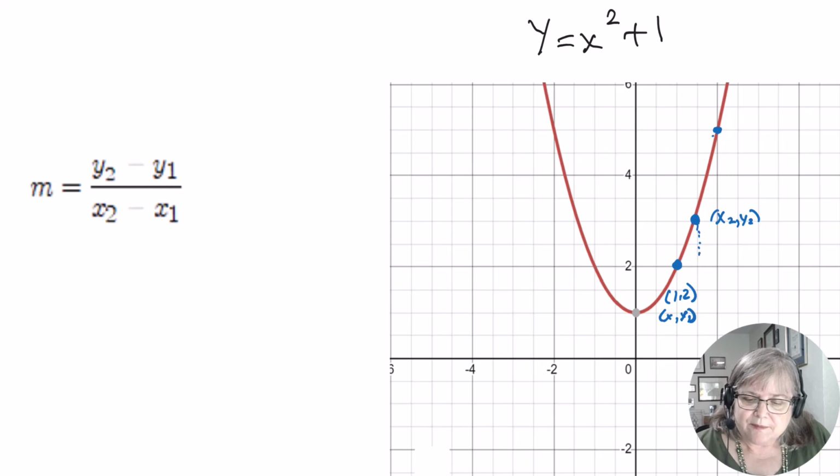This sets up a little right triangle. So this distance right here is y2 minus y1. And this distance right here is x2 minus x1. Okay? Now what I would want to do is get x2 closer and closer and closer and closer to x1 until it's right on top of it, not quite.